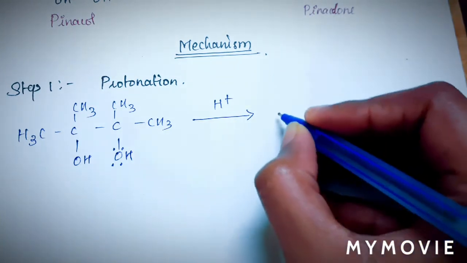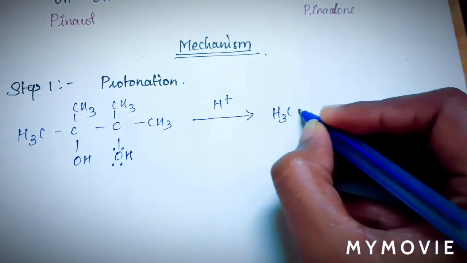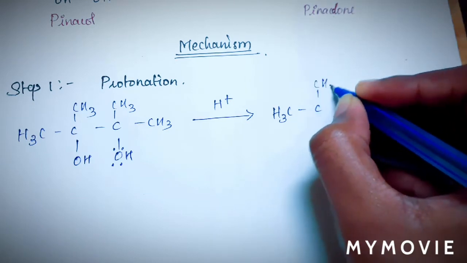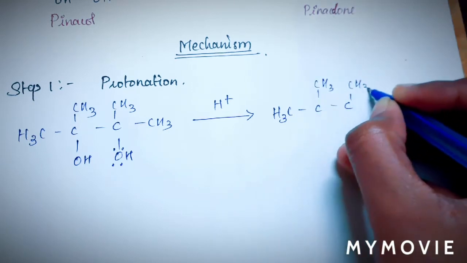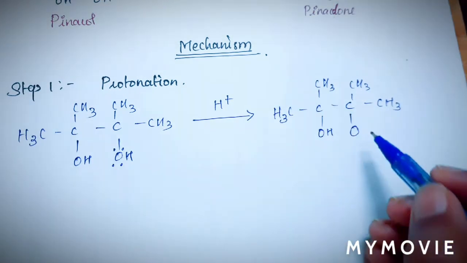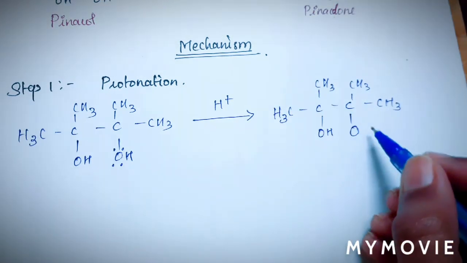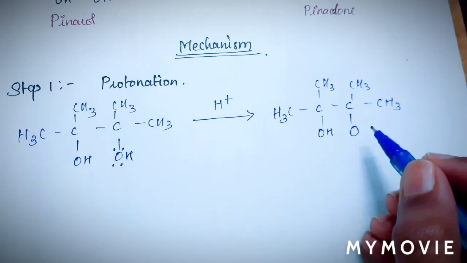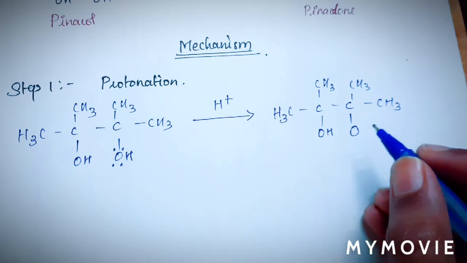So the first product that you will get is CH3C, CH3, CCH3, CH3, OH. Here you see that oxygen is forming a bond with hydrogen. That is, it is going to share its pair of electrons.